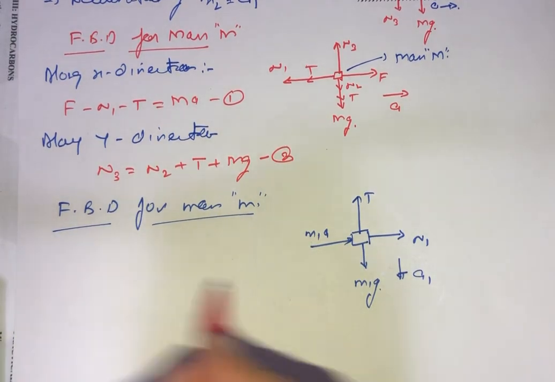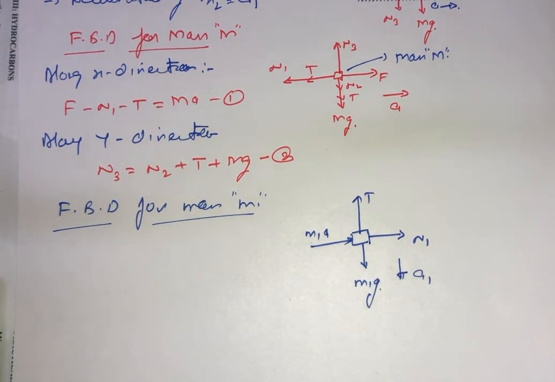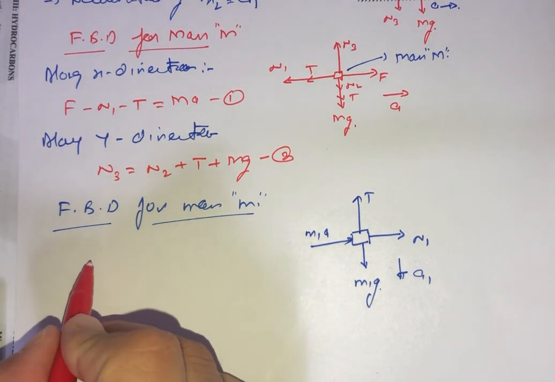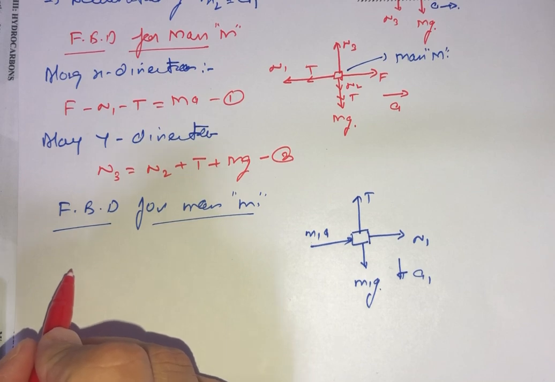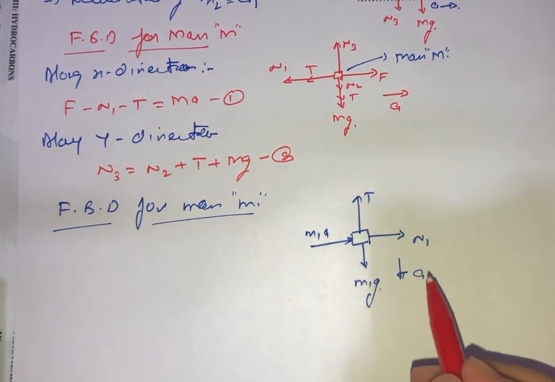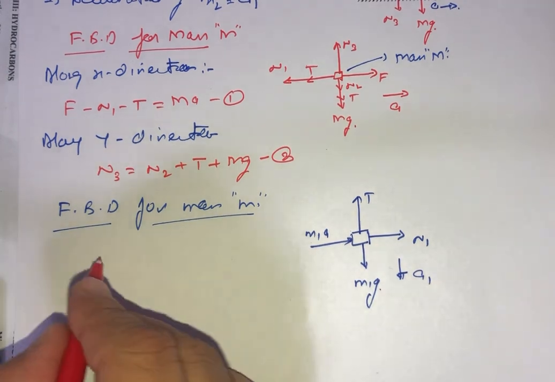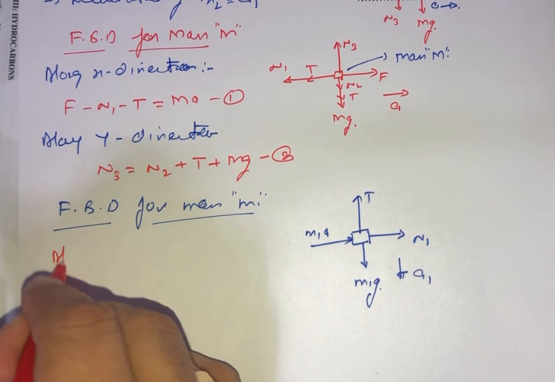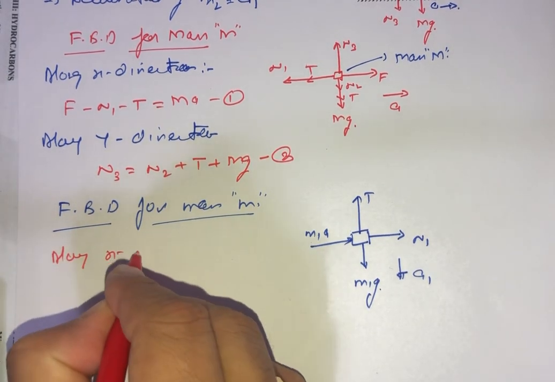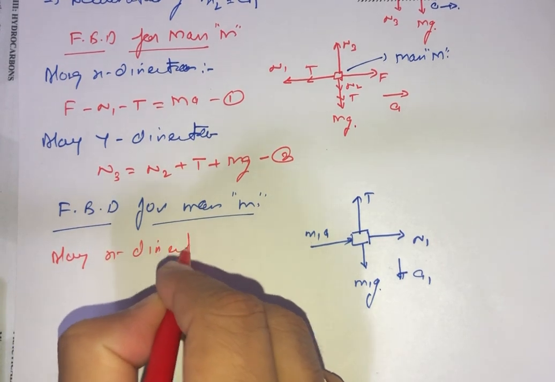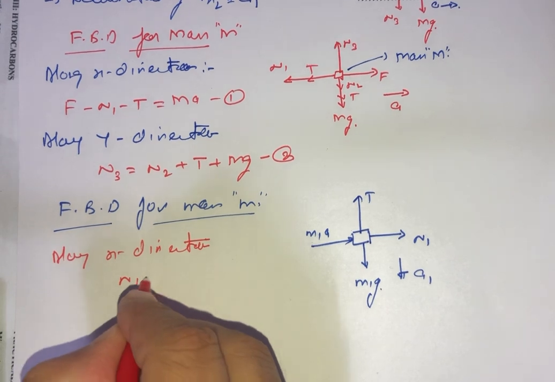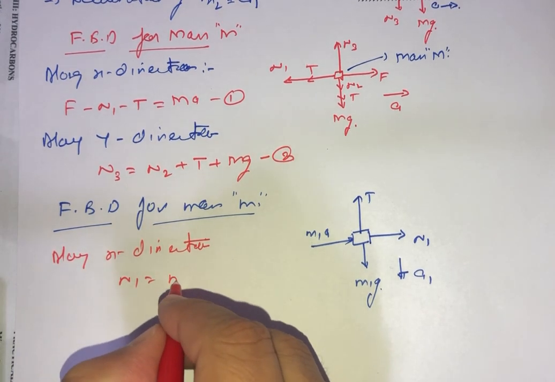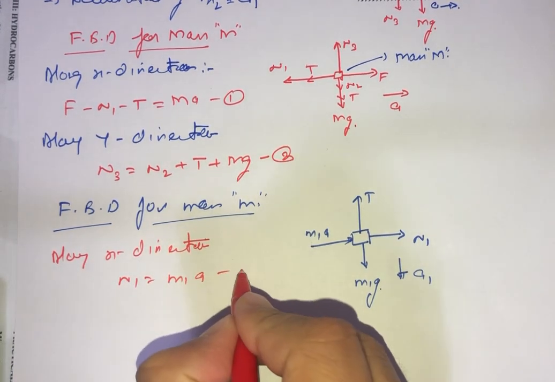So we say that along the x direction we have N1 is equal to m1a. Equation number 3.